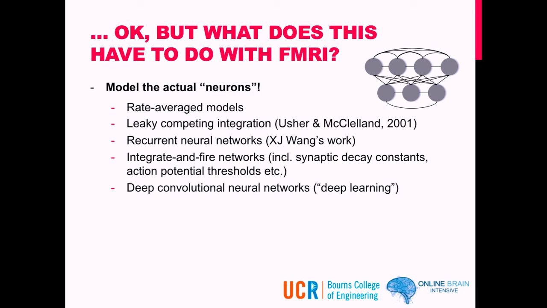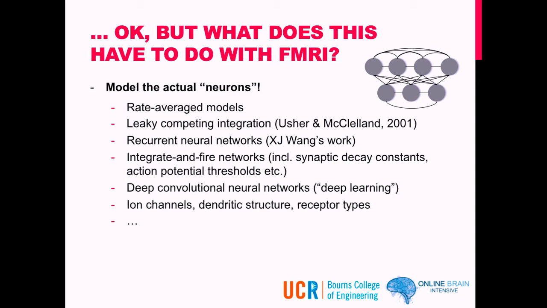And then you can look at which areas of the brain map onto which layers of the DCNN. This is the type of thing that folks at Google DeepMind are doing with deep learning, and lots of other places as well, IBM and so on. And then you can use those and compare them to your fMRI results as well.